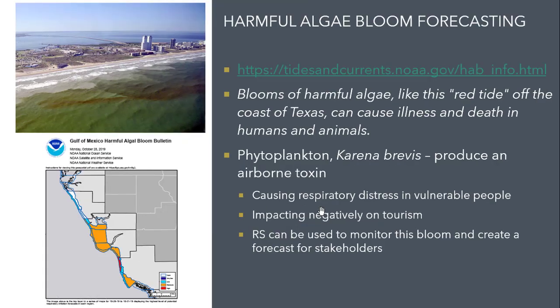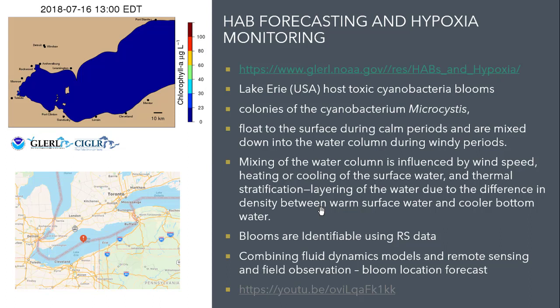So let's dig deeper into some other examples of this kind of situation. In the Great Lakes, one of the lakes is Lake Erie, and it usually hosts toxic cyanobacteria blooms, one of those harmful algal blooms that we're talking about.